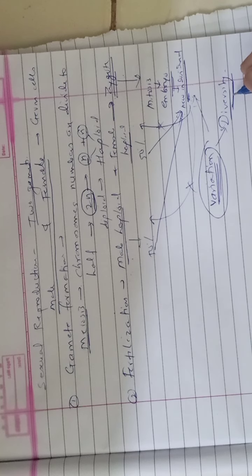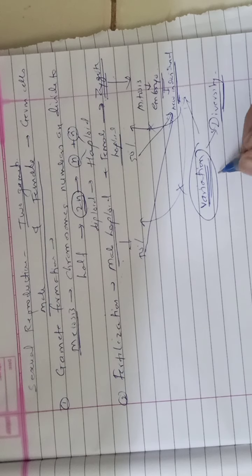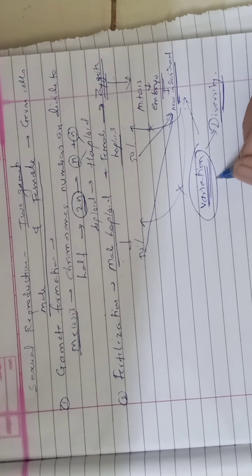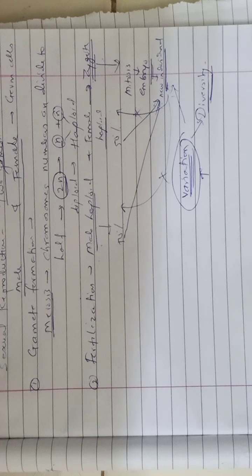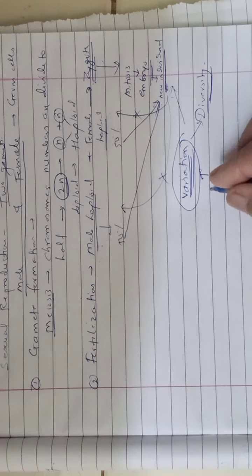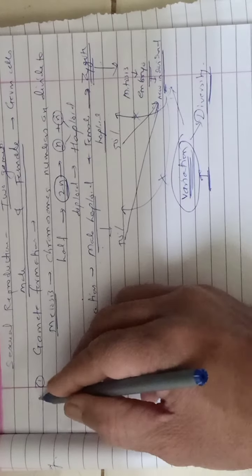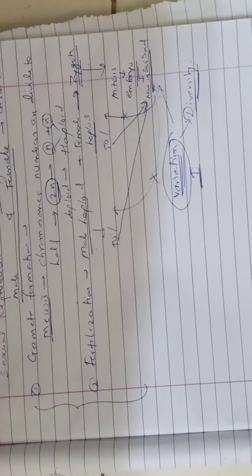This genetic variation helps the organism. Due to that variation, organisms are developed that can grow, live and adapt in a changing environment, and so they maintain their existence. So these are the two main important steps in sexual reproduction.